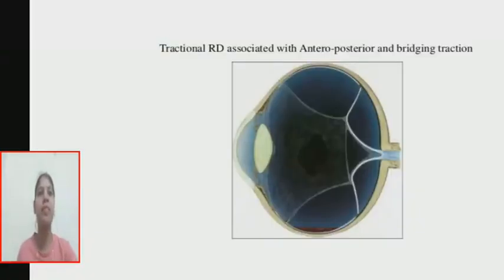This is a tractional detachment associated with anteroposterior and bridging traction.